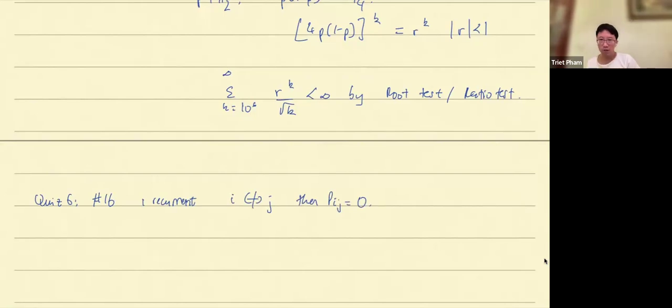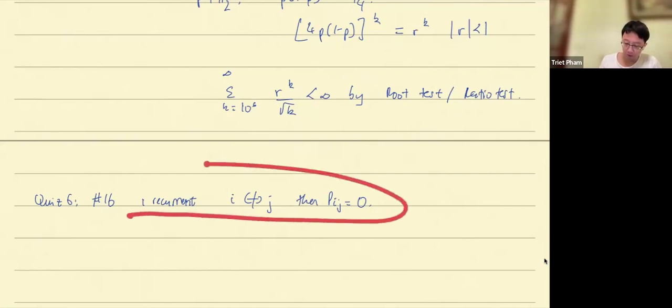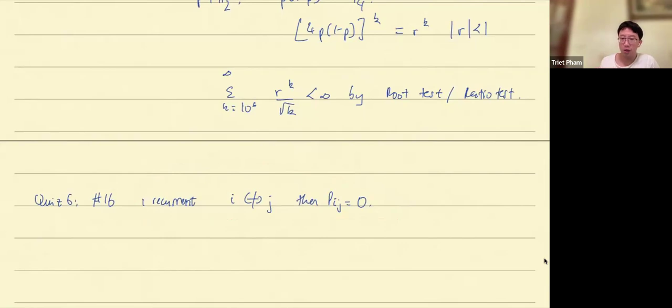This is kind of useful because it tells you a categorization of recurrent and transient, right? If you have a recurrent class, it tells you that if you have a state that is not part of the class, then you cannot go from i to j.